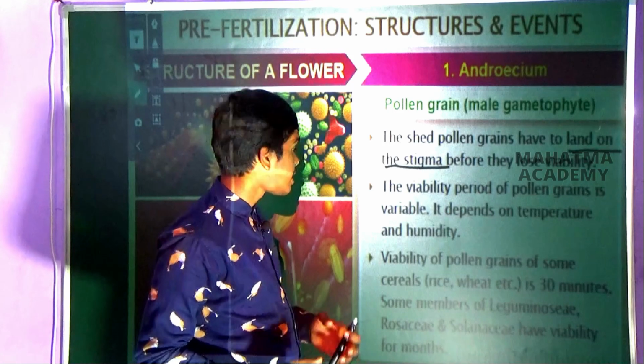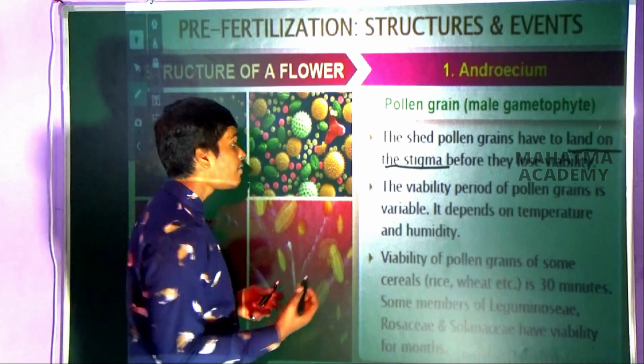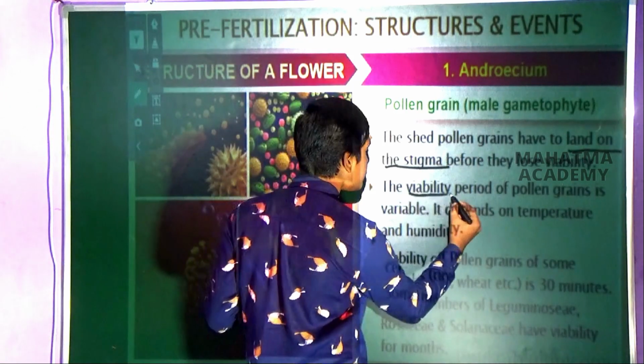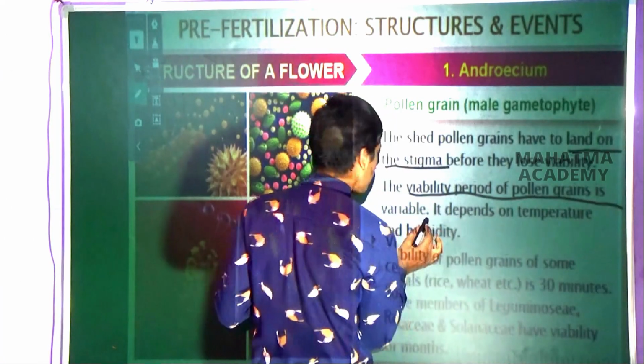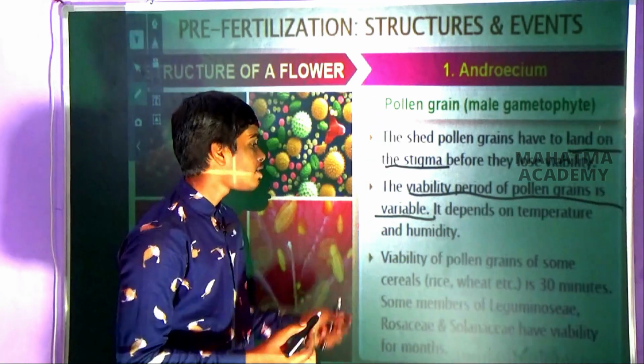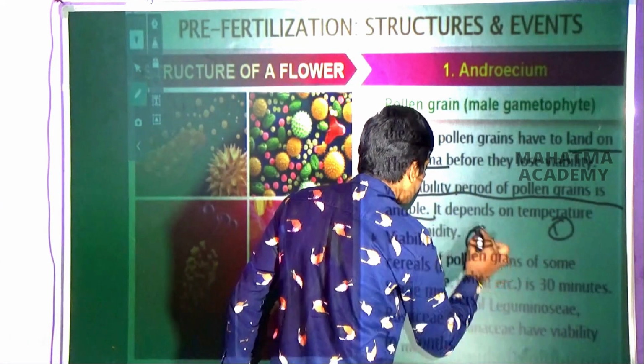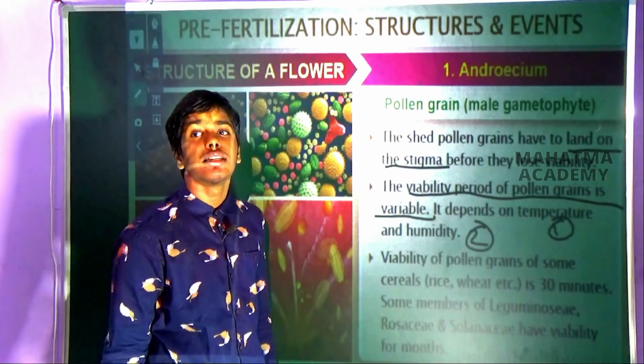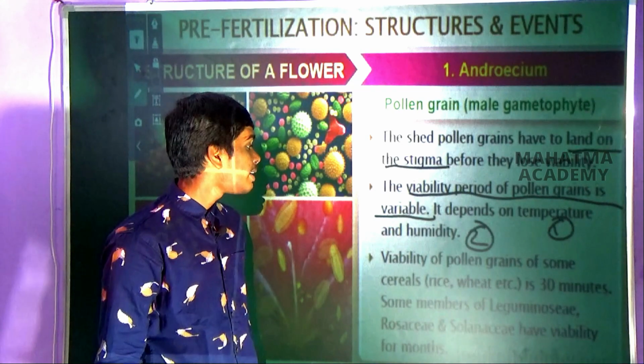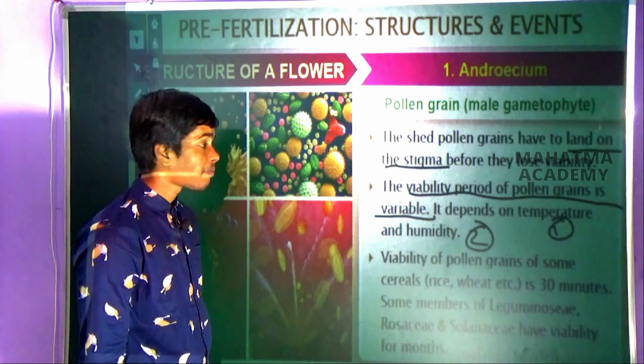In some cases, the viability of pollen grains is variable. It depends on the temperature and humidity.